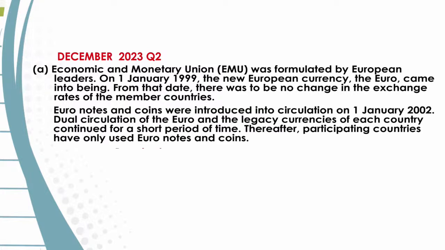Euro notes and coins were introduced into circulation on 1st January 2002. Dual circulation of the euro and the legacy currencies of each country continued for a short period of time. Thereafter, participating countries have only used euro notes and coins.